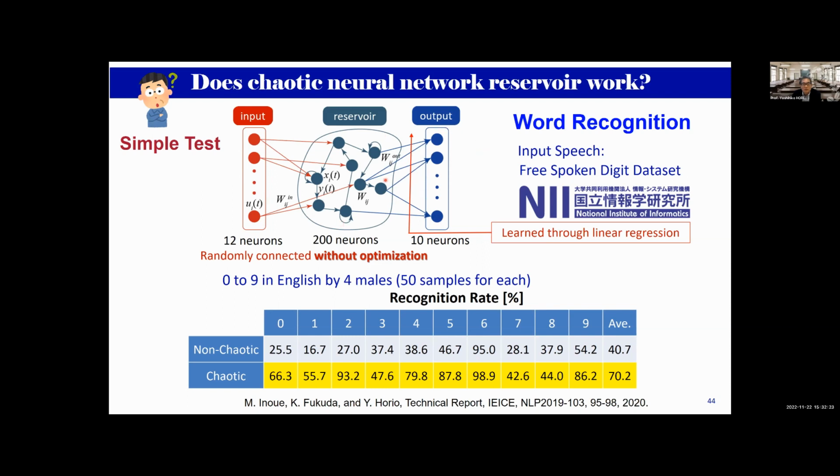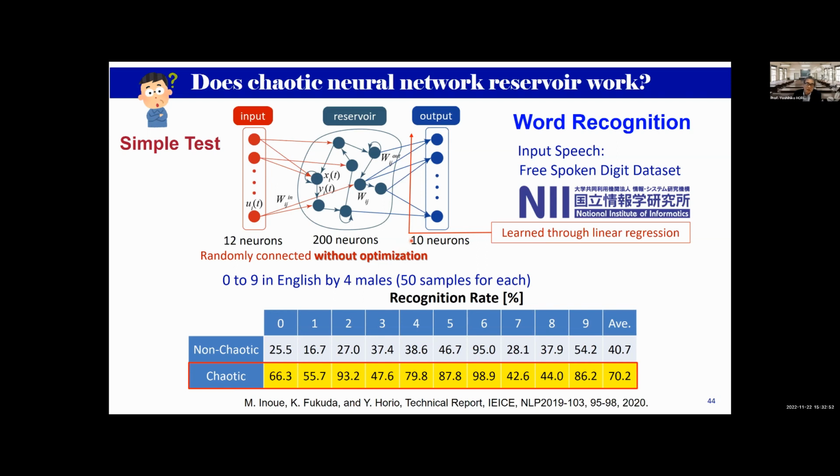First we used ordinary neurons in here without any optimization. So the average recognition rate was low because we don't have any optimization for the neural network. But when we just changed the neurons in here to chaotic neurons instead of the ordinary neurons, we got this kind of improvement.